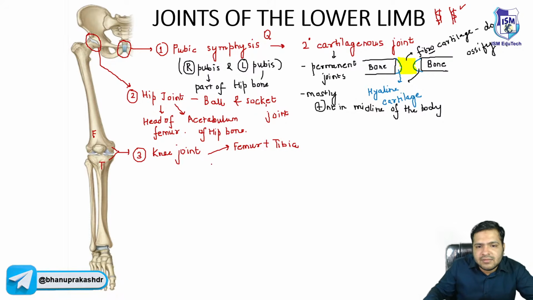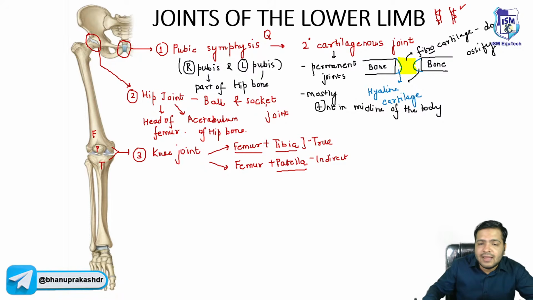And yes, indirectly we have femur and patella also forming the knee joint. So when I say knee joint, I can say femur, tibia, and patella. When I say true knee joint, it is only femur and tibia, okay.